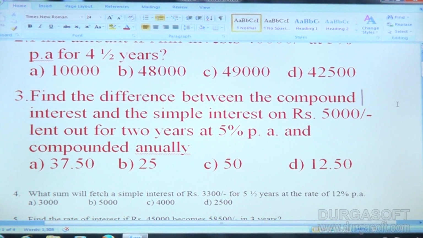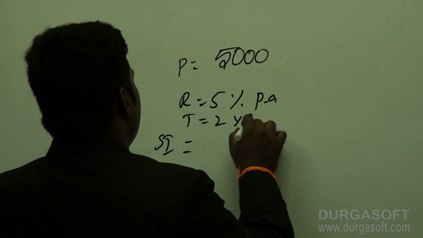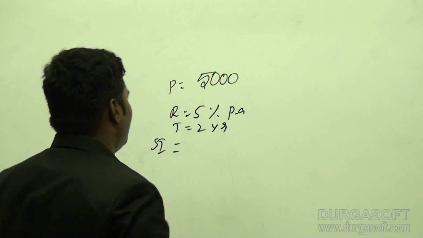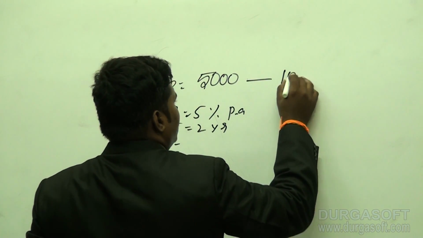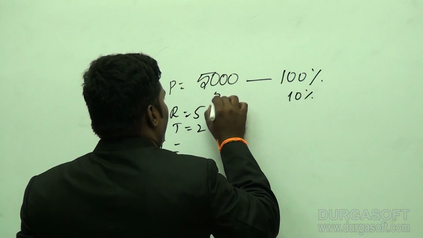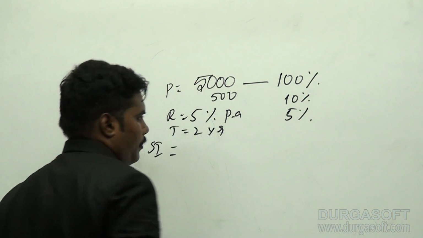See, for simple interest, the rate of interest is 5% per annum, and the time period is 2 years. At the first year, how much is it? 5,000 is the 100% value. Then what about the 10% value? 500. Then the 5% value? 250.